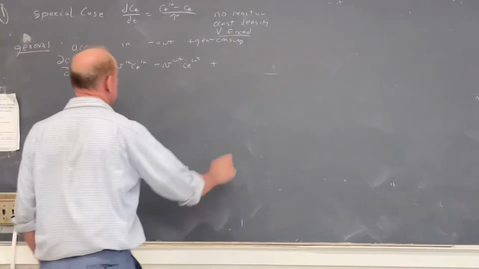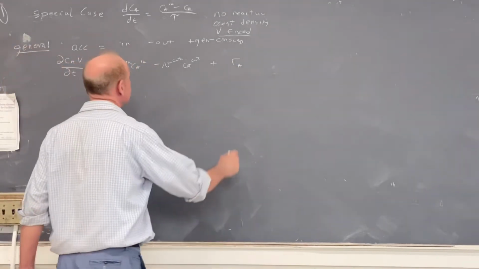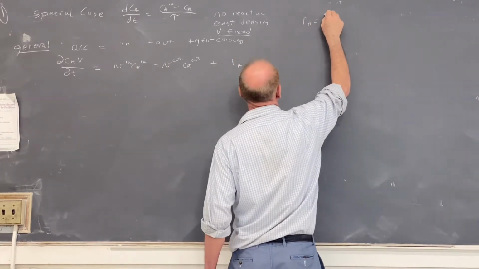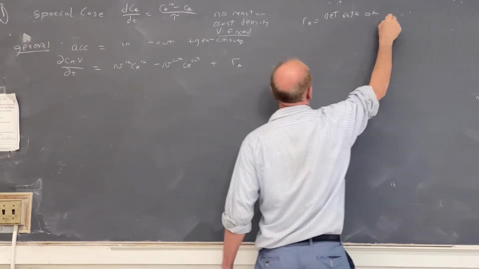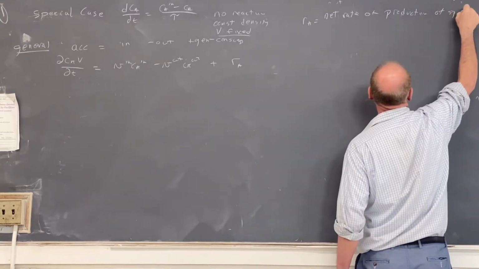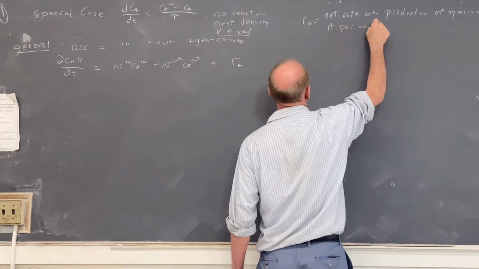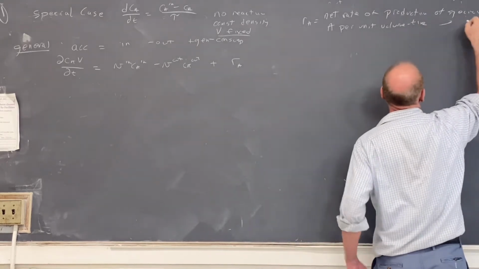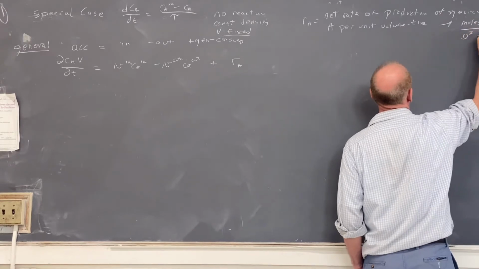So I have an RA, which is the net rate of production of species A per unit volume time. And it has units of moles A per unit length cubed time.